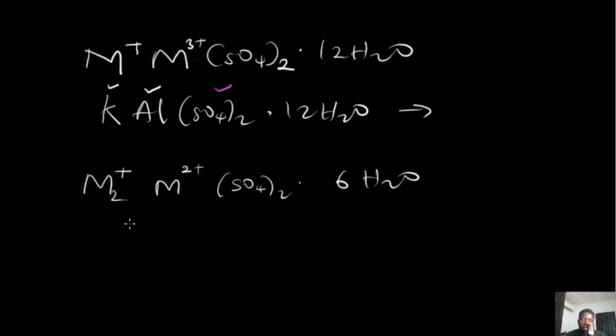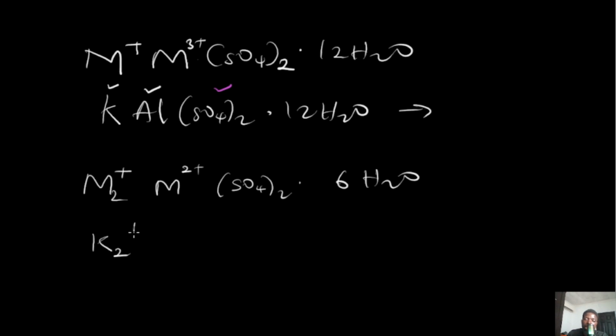Now let's consider this. If for instance I have M2 which is univalent, let's say potassium, combined with that means I have to have 2 here. Let's consider a compound that coincides with this. So potassium being univalent, I have 2 of them.